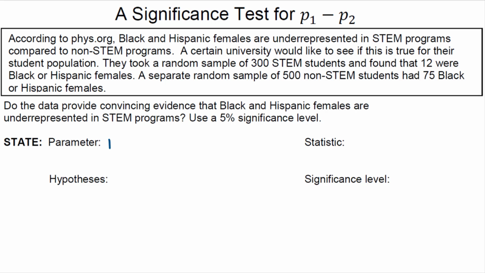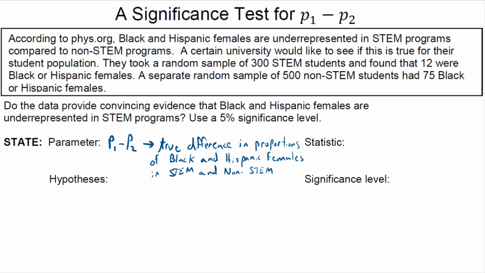So our parameter, again, we're going to be looking at P1 minus P2. All right, and what does that mean? What is that telling us? Well, that is telling us the true difference in proportions of Black and Hispanic females in the STEM and non-STEM program. All right, so again, the true difference in proportions of Black and Hispanic females in STEM and non-STEM.